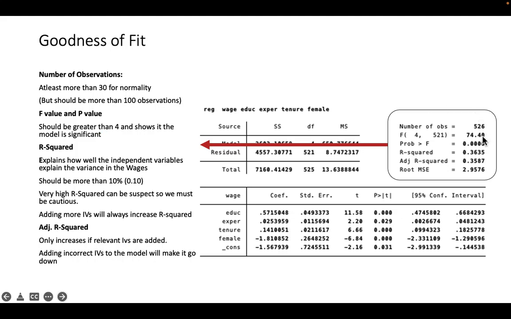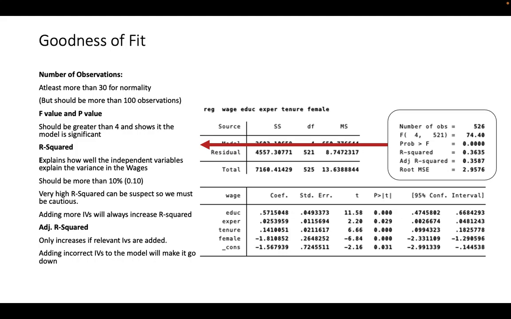Normally you want observations greater than 30 for normality purposes. For running a regression, you want your data to be normal. But 30 is probably not a large enough number. Ideally, you should not be running a regression with less than 100 observations.